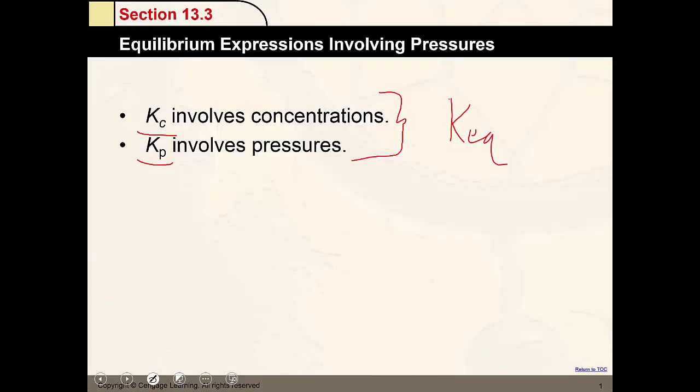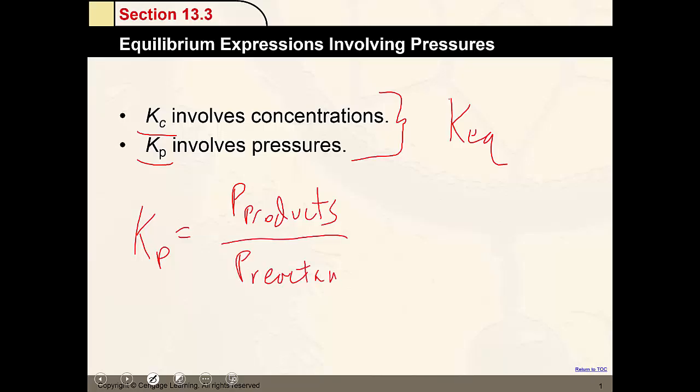So just like Kc was the concentrations of all the products over the concentrations of all the reactants, Kp is the same thing, just now using the pressure of the products over the pressure of the reactants. And same thing, whatever that coefficient is, that becomes the exponent when writing the equilibrium expression.